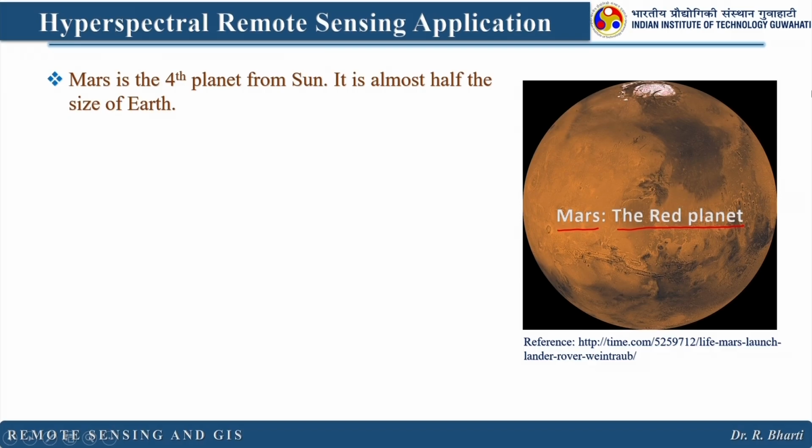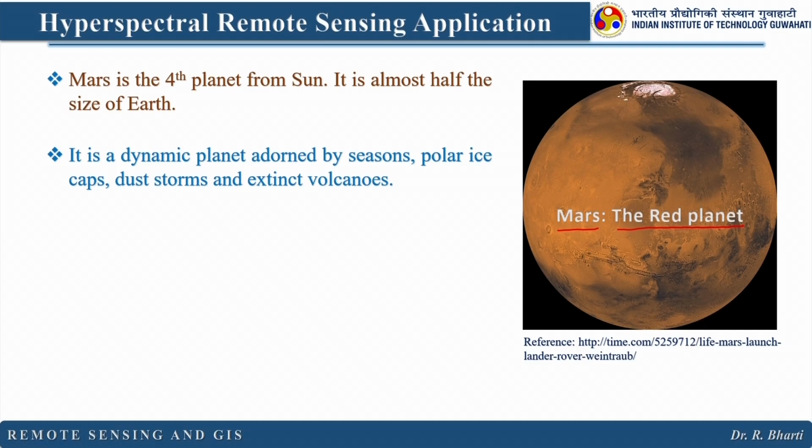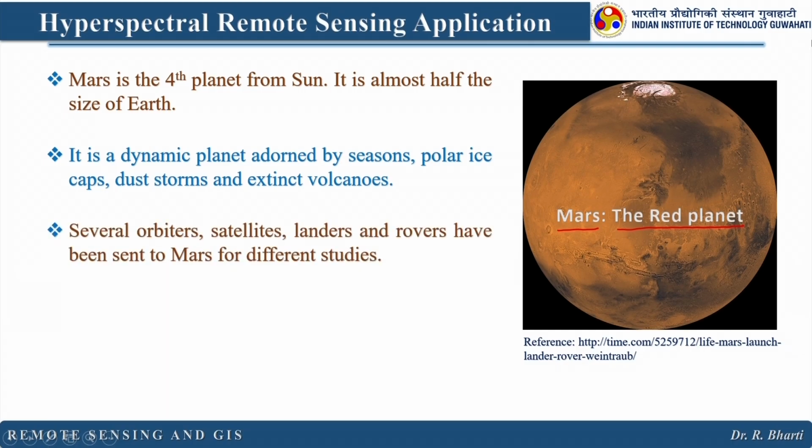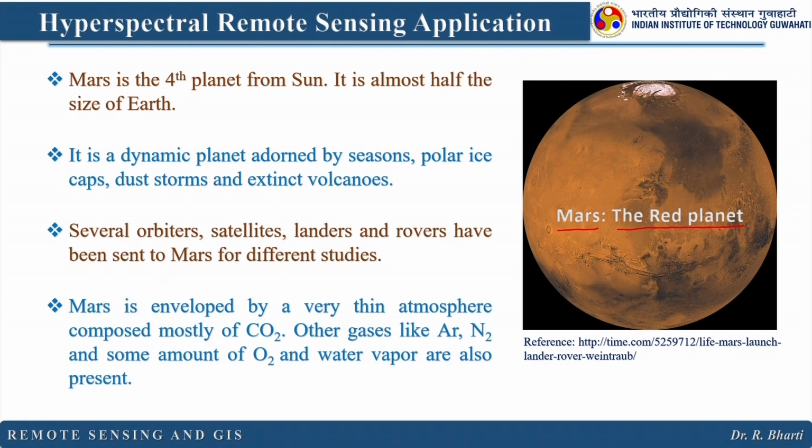Mars is the fourth planet from the Sun. It is almost half the size of Earth. It is a dynamic planet adorned by seasons, polar ice caps, dust storms and extinct volcanoes. Several orbiters, satellites, landers and rovers have been sent to study the Martian surface. Mars is enveloped by a very thin atmosphere composed mostly of carbon dioxide and other gases like argon and nitrogen.